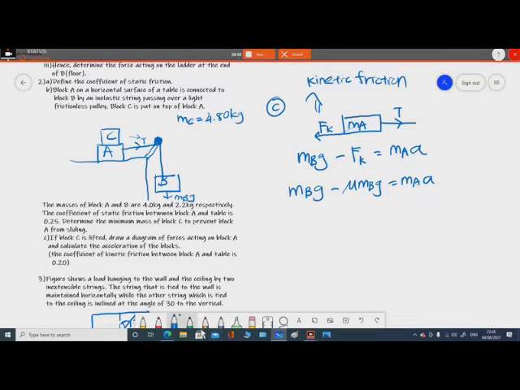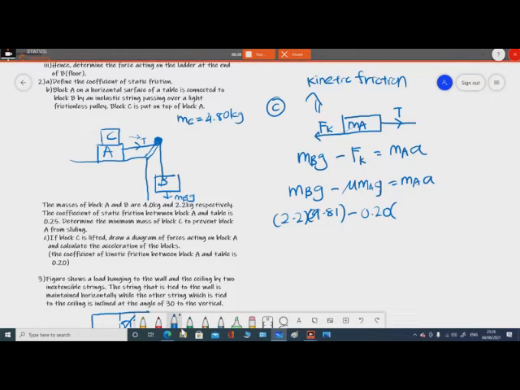Oops, this one should be MA. Okay, so this one is MAG. So MBG is actually 2.2 times 9.81, minus the coefficient of kinetic friction, which is 0.20.